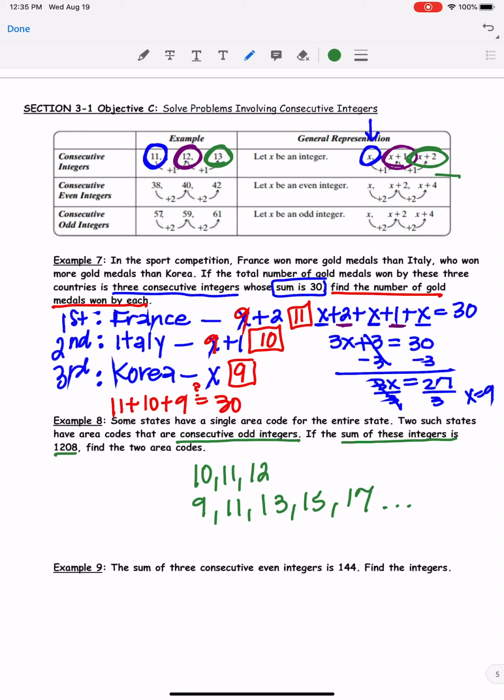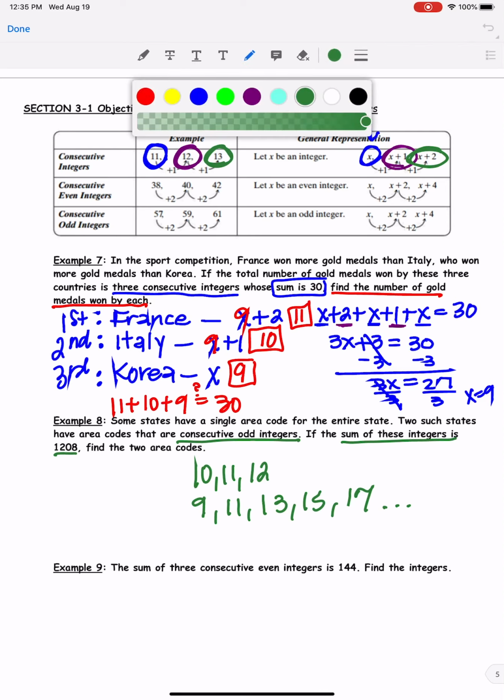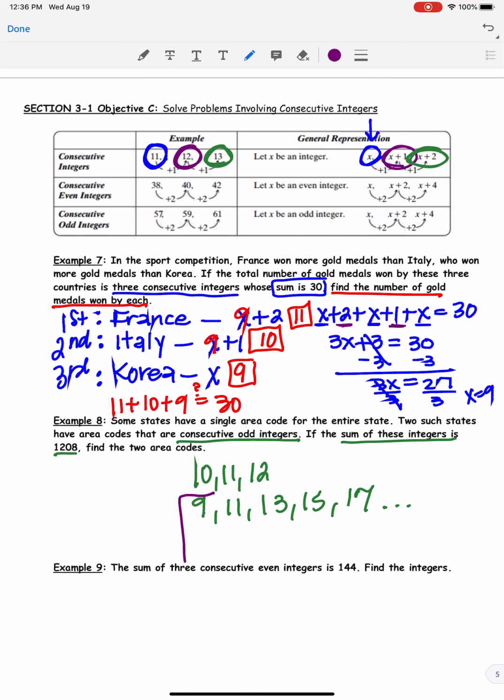So this goes over the same thing right here. If I call my 9 x, how do I represent 11 then?